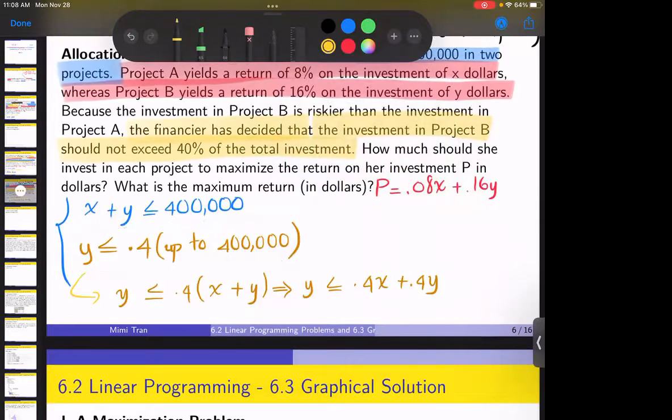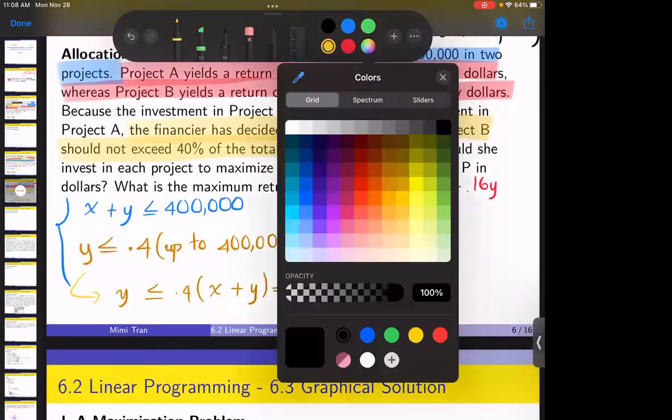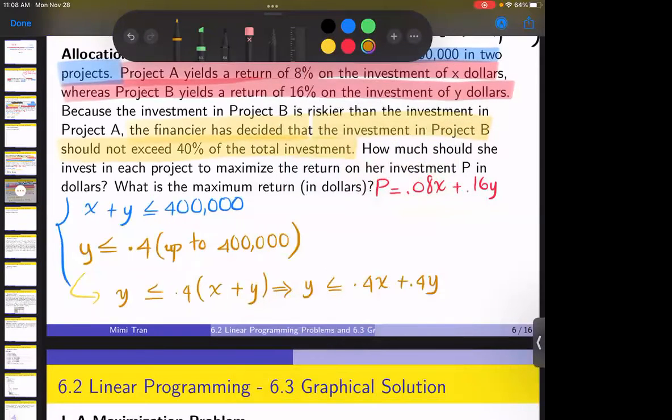And then clean up some more. I'm going to subtract y, one y from both sides. So 0.4x minus 0.6y. Or you can do it slowly. You don't have to do what I do. 0.4x.